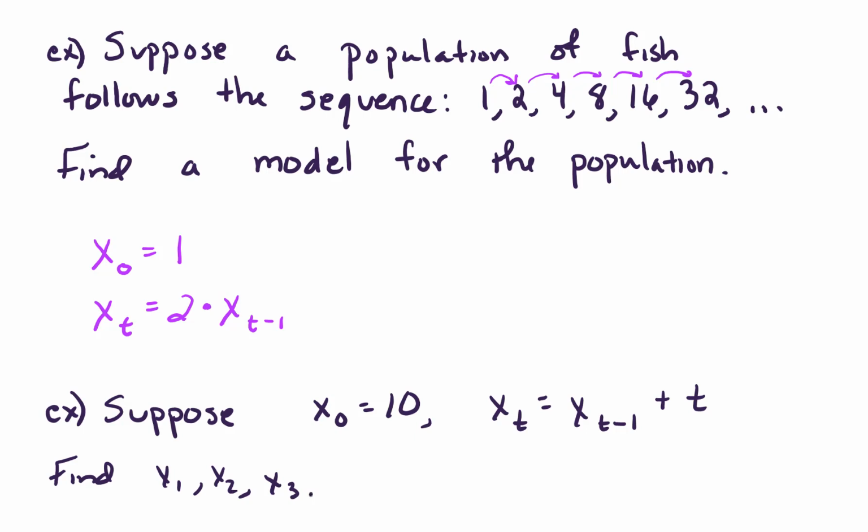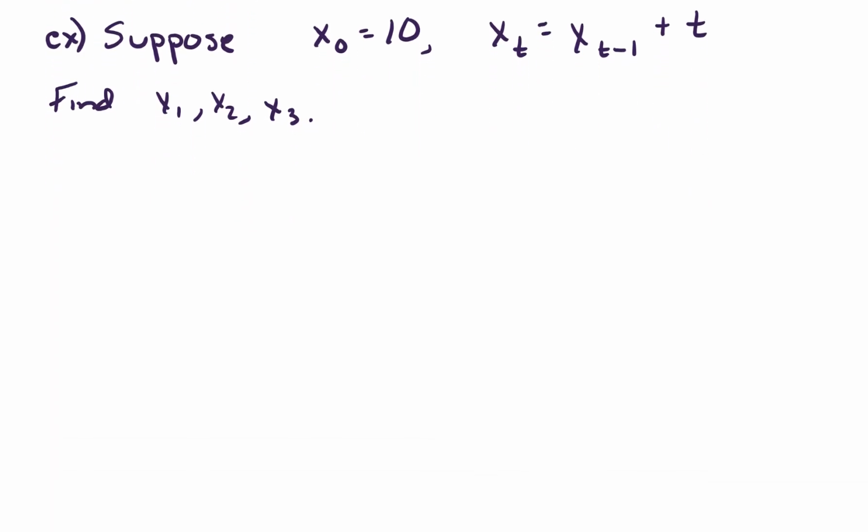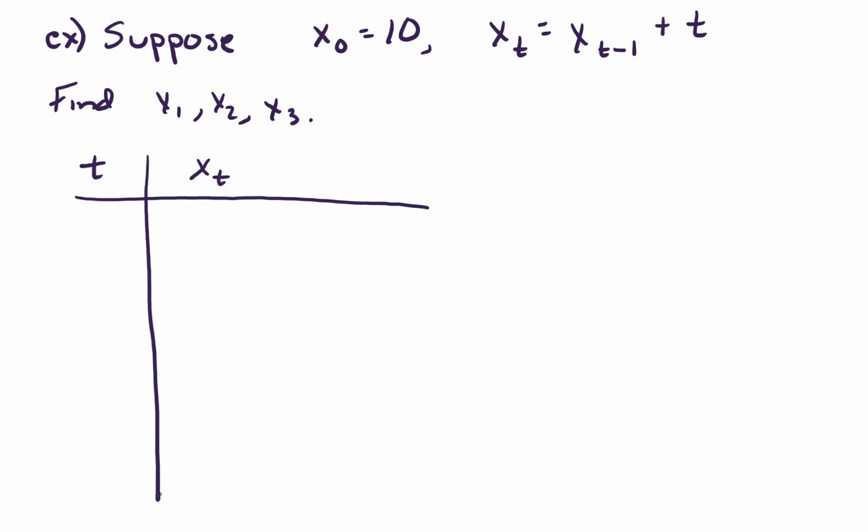I really recommend a table. So I'm going to make a table of values. The first column is t, and the second column is x sub t. When time is 0, we know that x sub 0 is 10, and that's given in the problem.